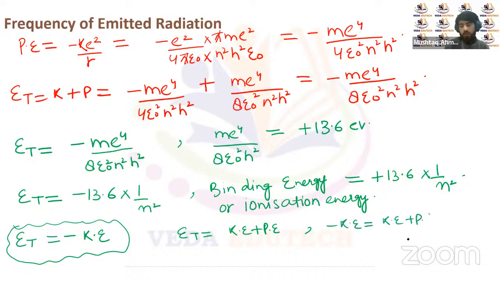So from here you can see that the potential energy will be equal to minus 2 times kinetic energy, not half, minus 2 times kinetic energy. So this will be the value of the potential energy.